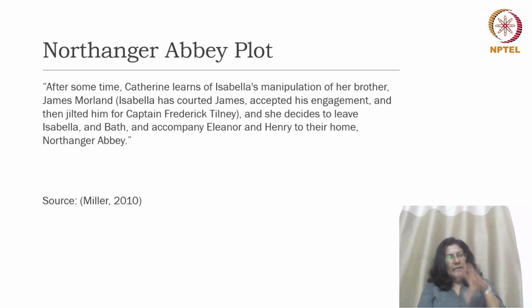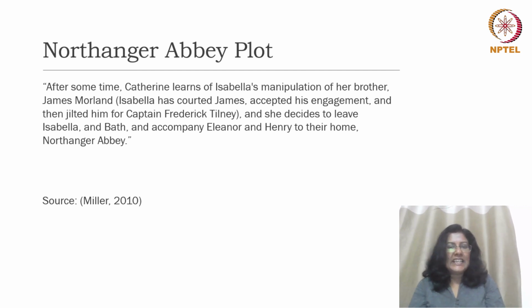So Isabella's character is further established as fraudulent when we realize how she breaks up her engagement with James Morland, who is the brother of Catherine Morland. She jilts him in order to get engaged to Captain Frederick Tilney, the elder son of General Tilney, and Catherine decides to leave Bath and travel with Eleanor and Henry to their home, Northanger Abbey.